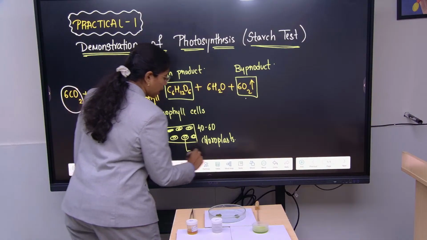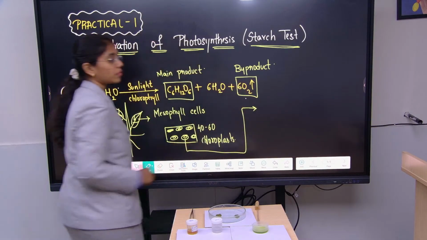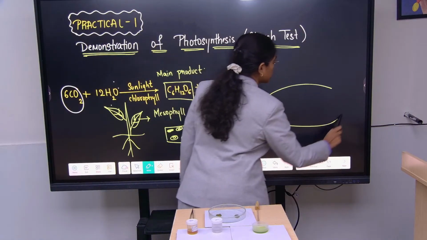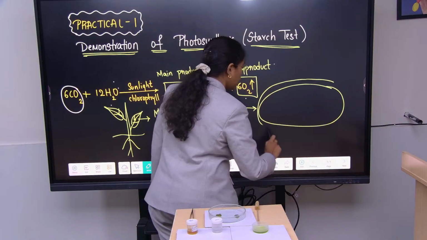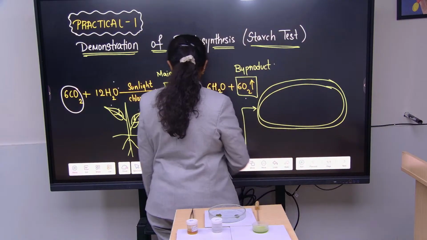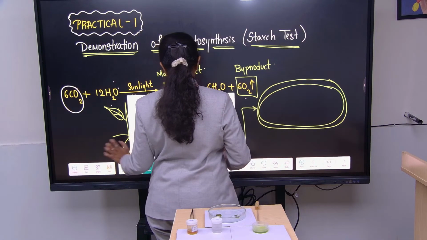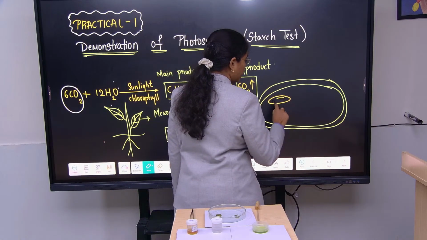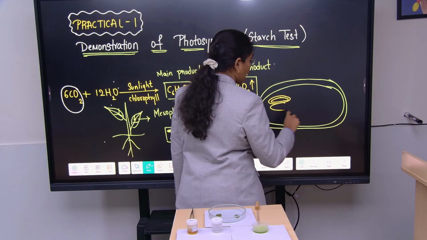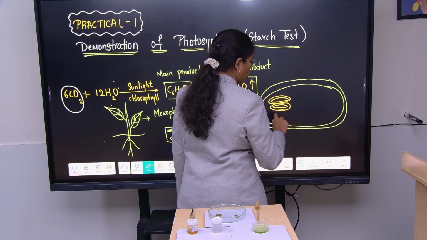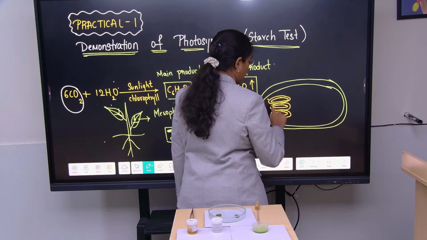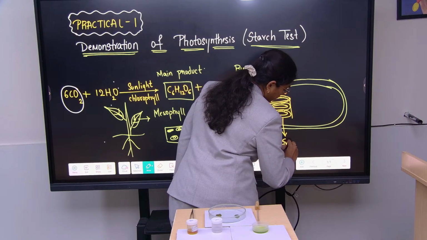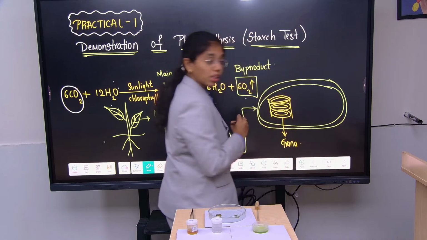And if I take a single chloroplast, inside a chloroplast, which is a double membrane bound organelle, a third membrane system is present, which is known as the thylakoid membrane. The membranous sac-like structure is known as thylakoid membrane, and the stack of sac-like structures is known as grana.